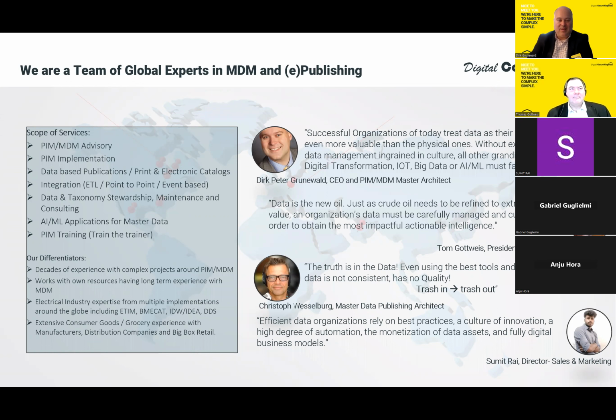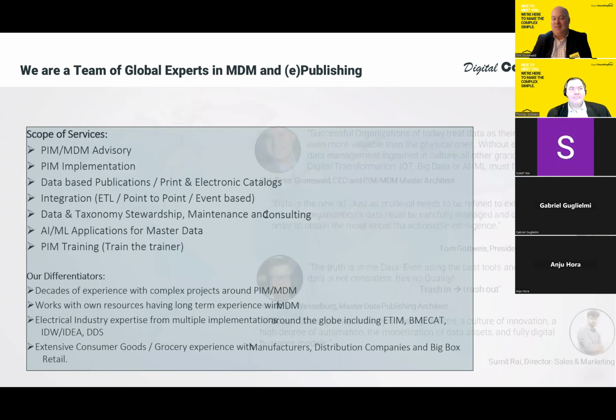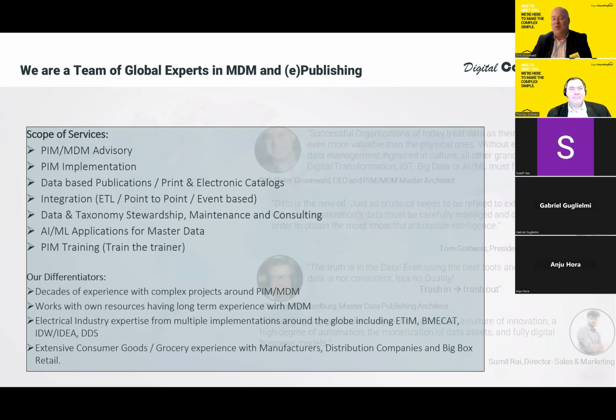As I mentioned, these services are predominantly all around PIM and MDM: advisory, implementation, publications, electronic and also print, and also the integrations around it.